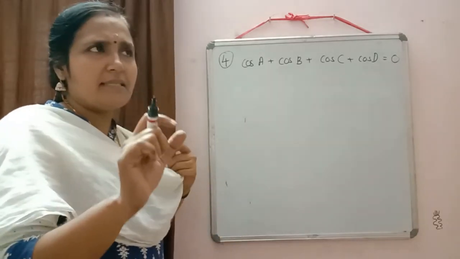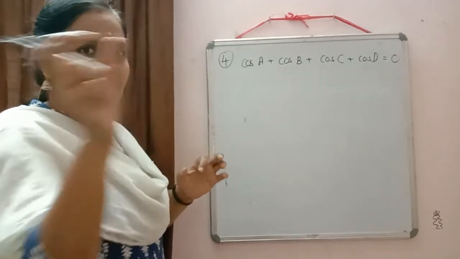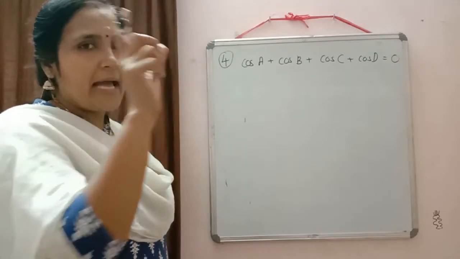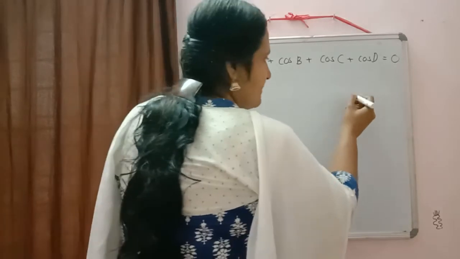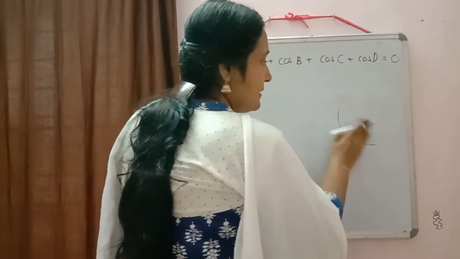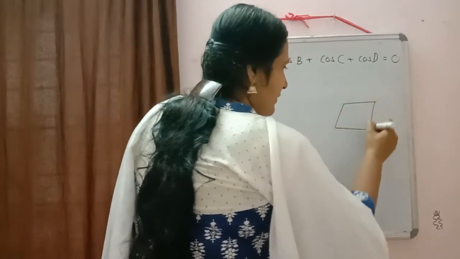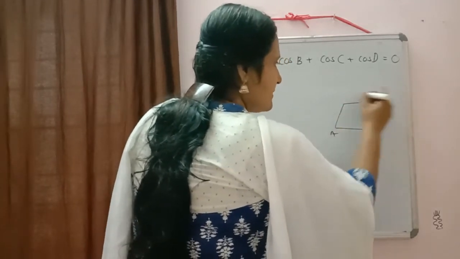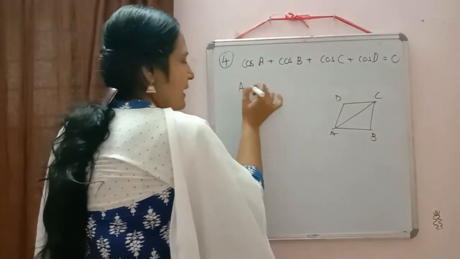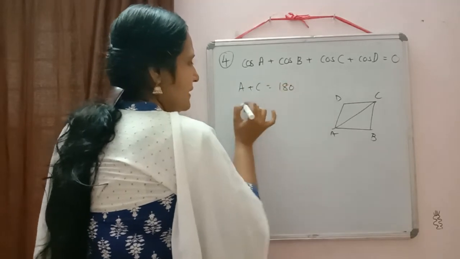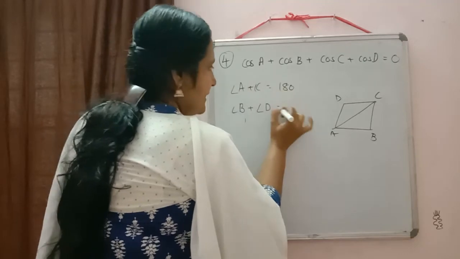Again, whatever information is given, you have to check what information we can get from the given question. What did they give? A cyclic quadrilateral. Do you remember the property of a cyclic quadrilateral? In a quadrilateral, if the sum of opposite angles is 180 degree, that means angle A plus angle C is equal to 180 degree and angle B plus angle D is equal to 180 degree.